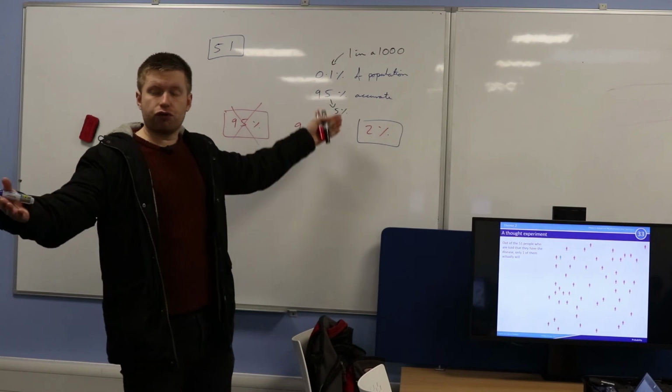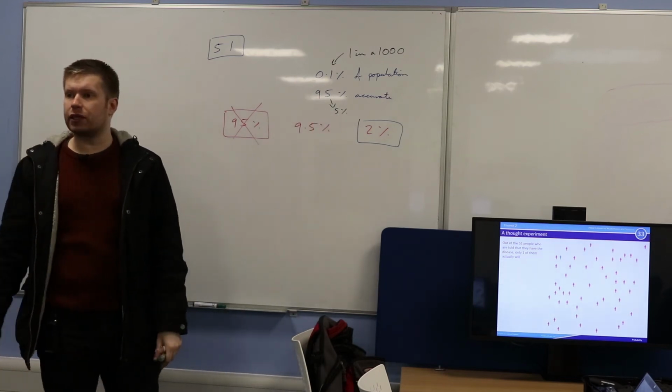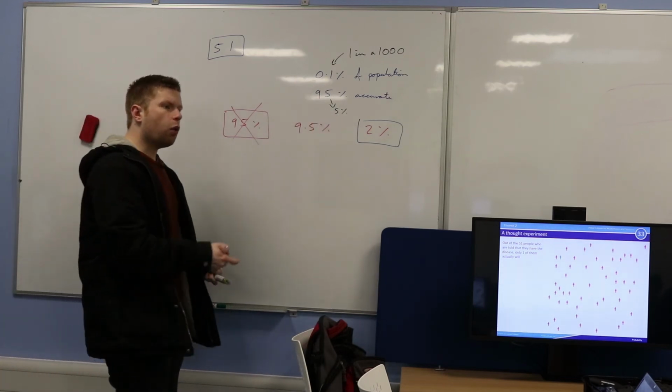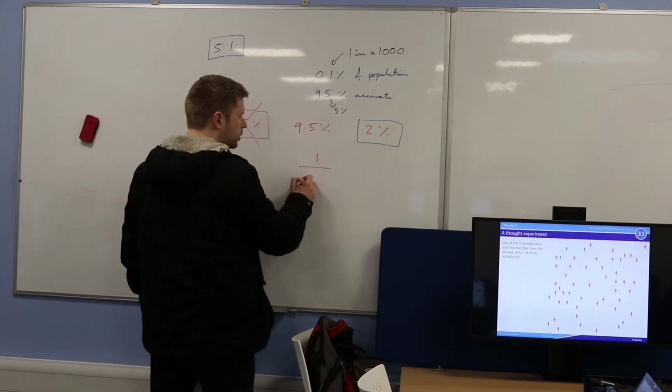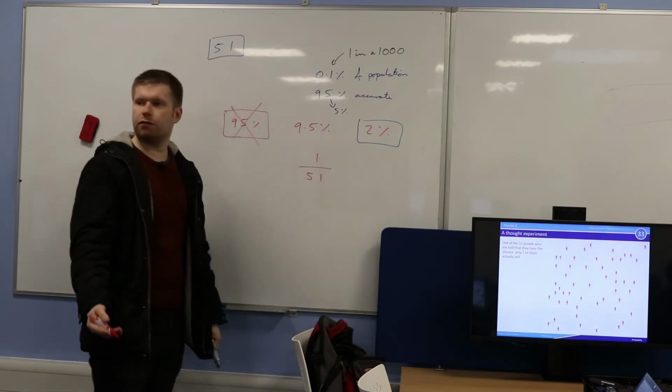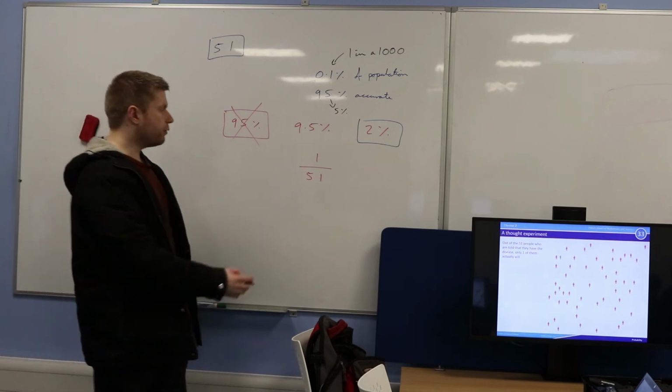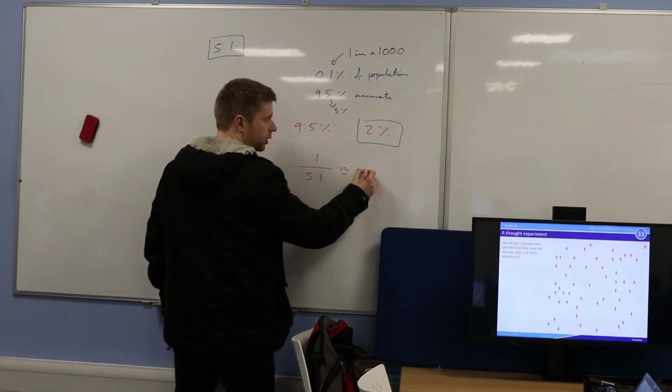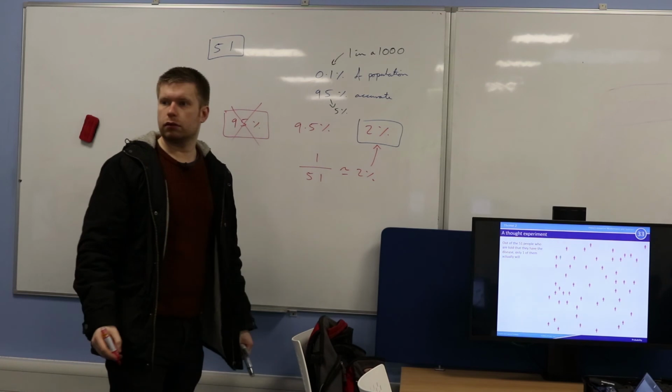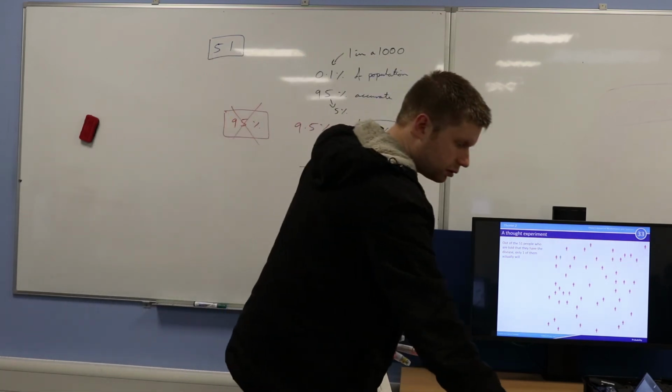So really, when I ask what's the probability that you have the disease, what I'm asking is, what is the probability that you're this one person in this sea of 51 people? Now, what's 1 in 51? Well, it's approximately 2%. Does that make sense?